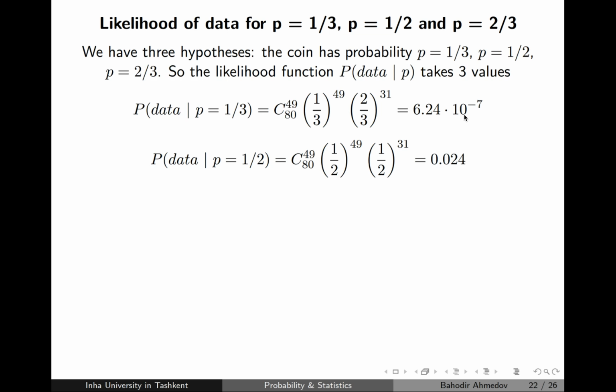The probability of obtaining 49 heads for the second kind is 0.024, and for the third kind it is this number, which is the biggest. So it tells us that we used the third kind for obtaining 49 heads. You see, the likelihood function is maximum at the value of p of the population.